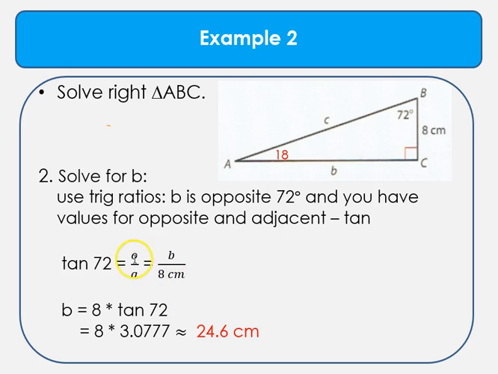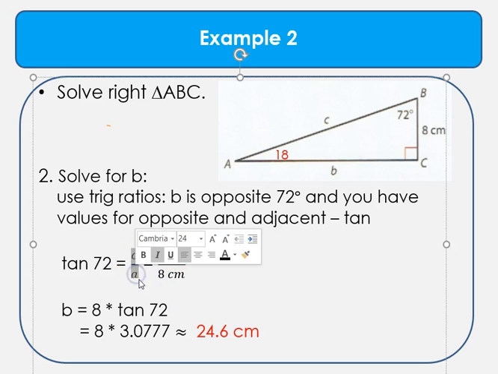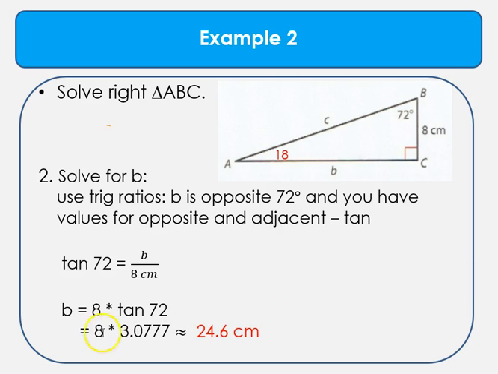Now let's take this ratio, and right now what I'm going to do is remove this one to just make it look simpler. And I'm going to multiply both sides by 8 centimeters to get to B equals.